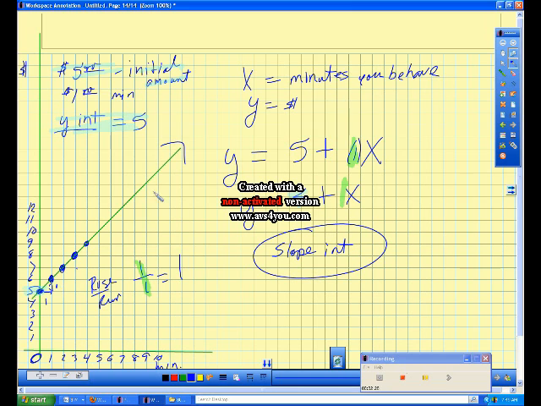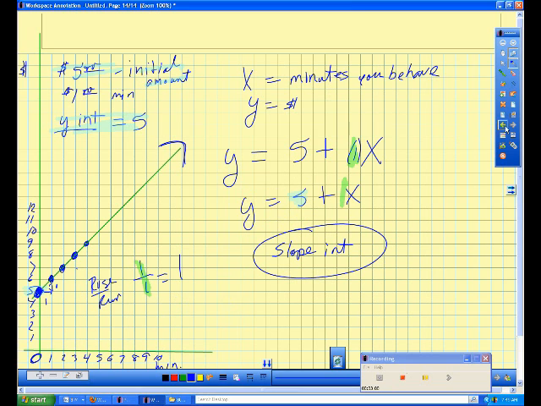So we could go ahead and say, yes, we will connect the dots. This arrow right here means that technically I could keep graphing things forever and ever on this graph. It just extends outwards. Of course, there's no such thing as negative minutes, so we don't have any values that extend past that 5 right there.